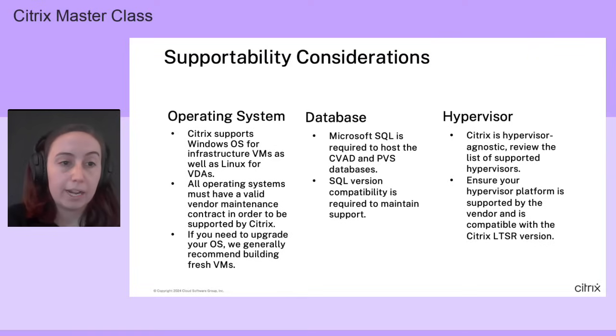All of your operating systems in use in the environment must be supported or have a valid vendor maintenance contract in order to be supported by Citrix. If you need to upgrade your operating system, we also generally recommend building fresh VMs, as we don't generally support in-place OS upgrades on VMs.